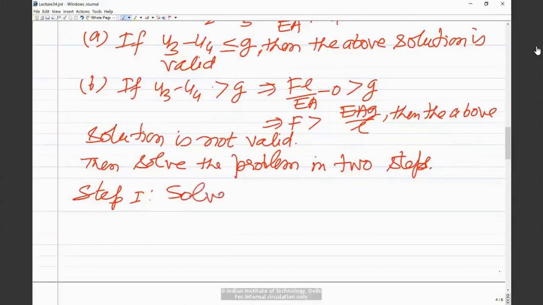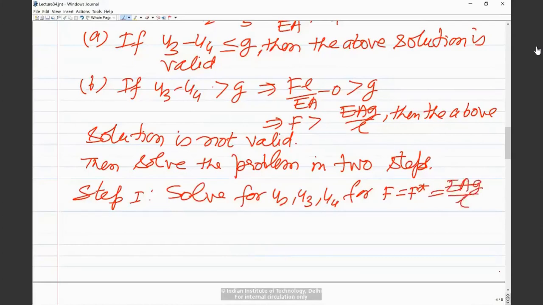First, solve for u2, u3 and u4 for just F reaching the critical value, where the gap is just closing. Let us say that force is F star, which is EA into g by L, and in this the gap is just closing.